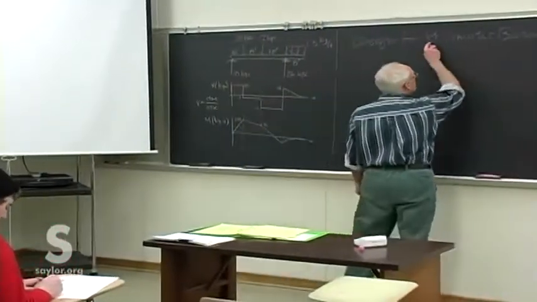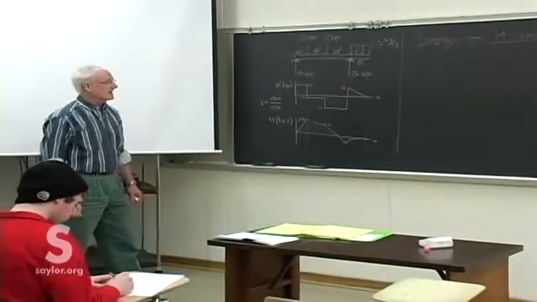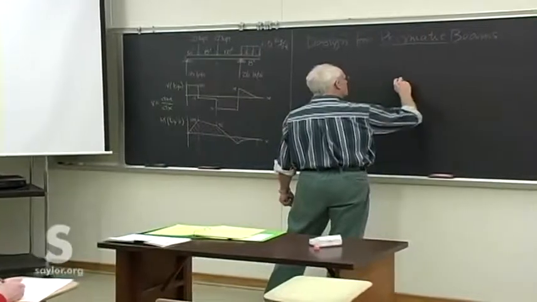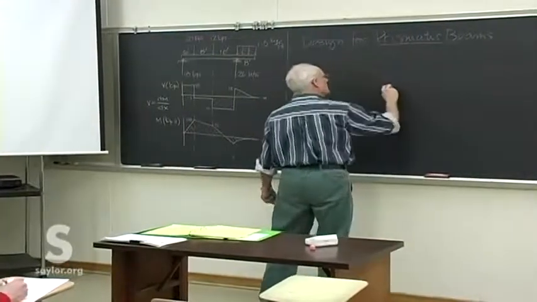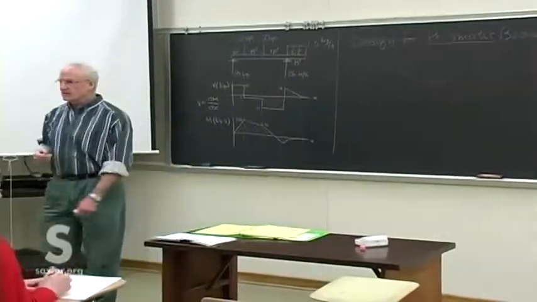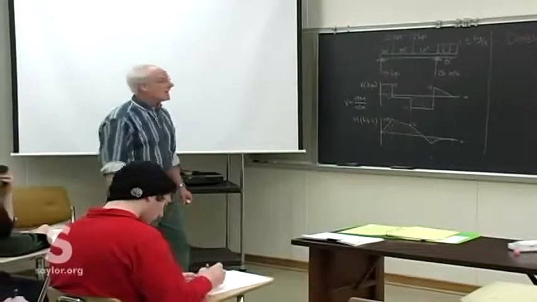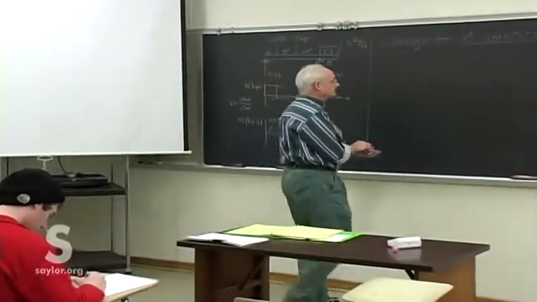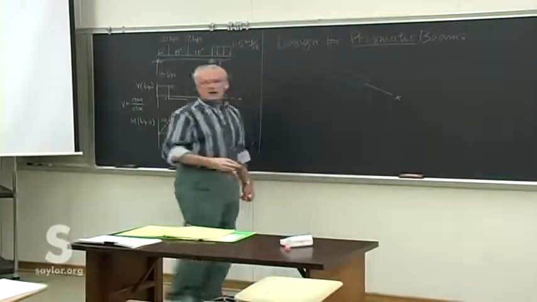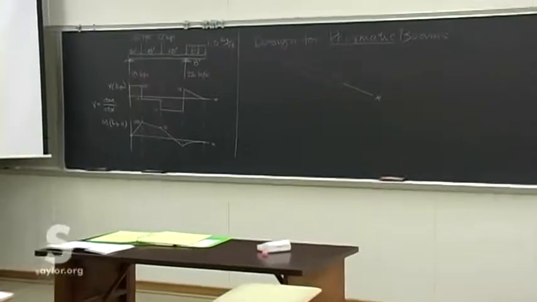So first thing, I just need to simply define for you what prismatic means. We're going to look at beams of any cross-sectional shape. Could be circular. You'll see that we can handle virtually any shape. So for the most part, x will be our axial dimension.